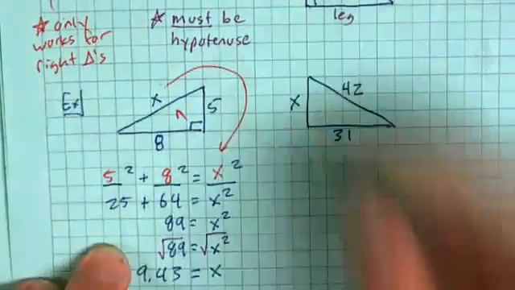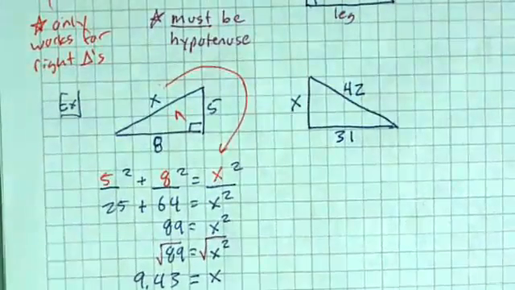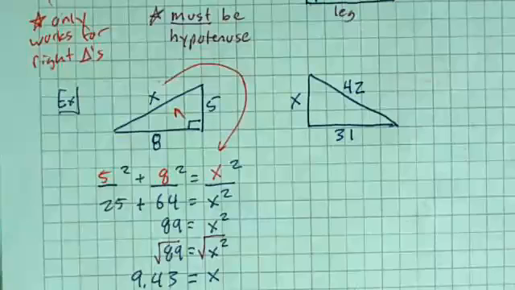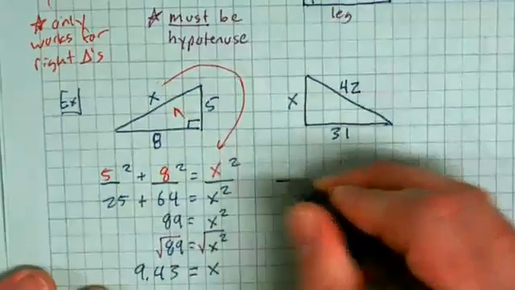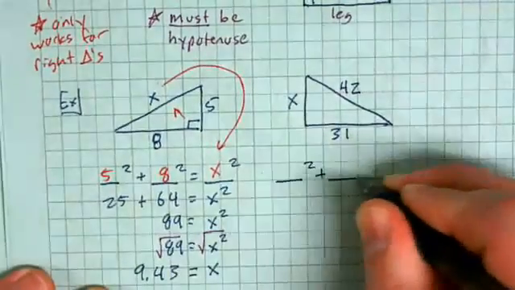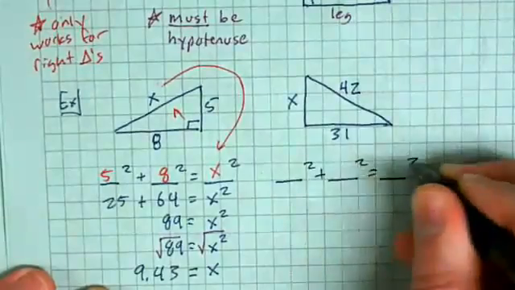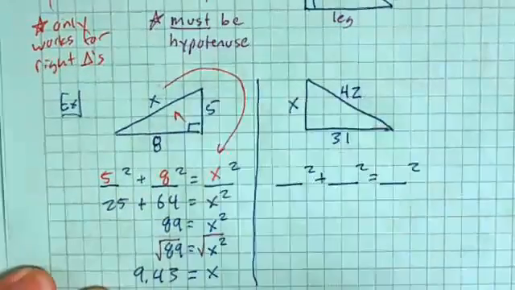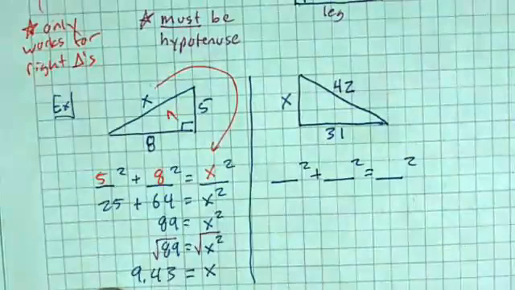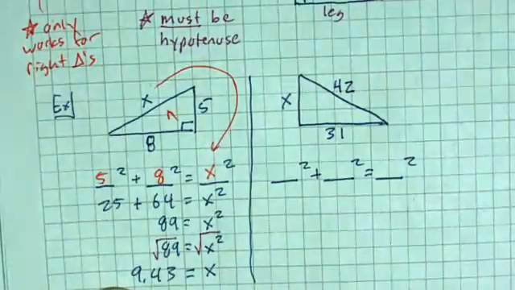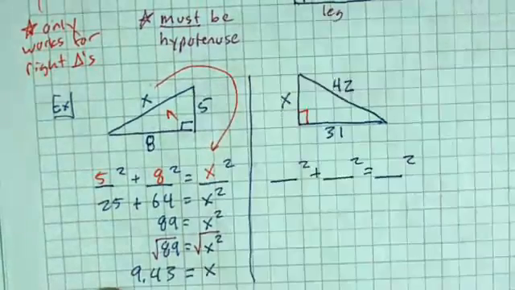And this is X. Now I'll tell you that this is going to be the one that people make mistakes on. Oh, I need my right angle on there. You can't do this unless it's a right triangle.